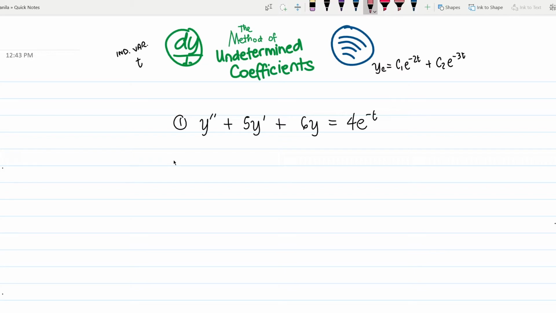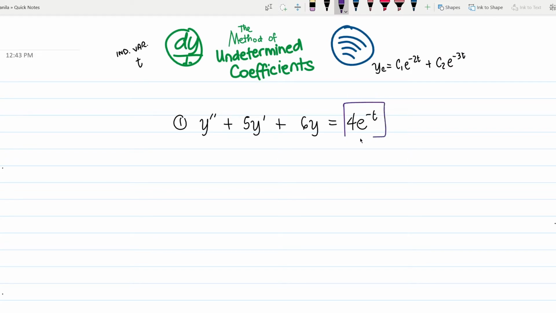In this example naman, if you take just this C1 e to the negative 2t and plug it in here, it should work just as fine without our C2 e^(-3t). That should also work for just this. And of course, this should also work for pag wala sila pareho. But that only works if your right-hand side is equal to 0.